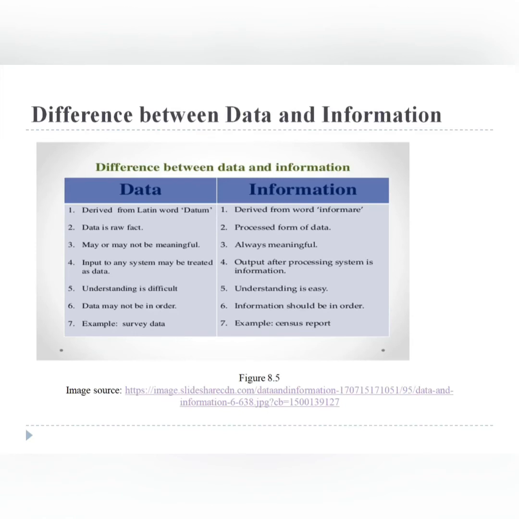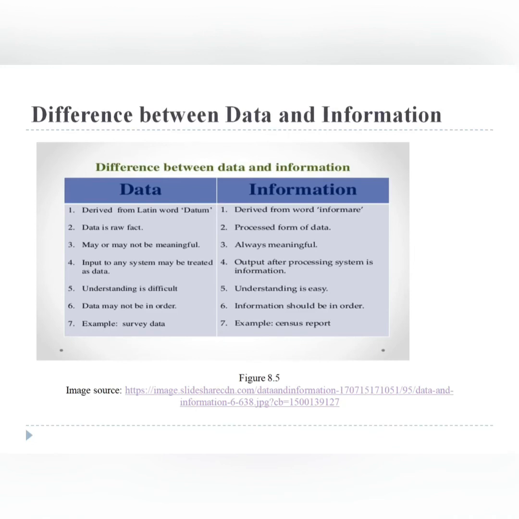Here are some differences between data and information. Data is derived from the Latin word datum and information is derived from the word informare. Data is a raw fact and the processed form of data is called information. Data may or may not be meaningful, but information will always be meaningful. Input to any system may be treated as data.